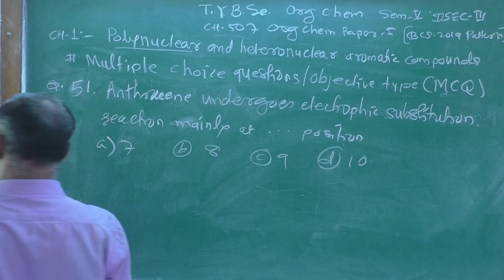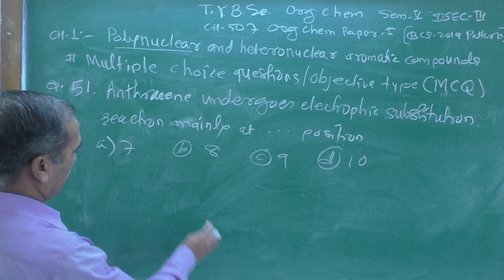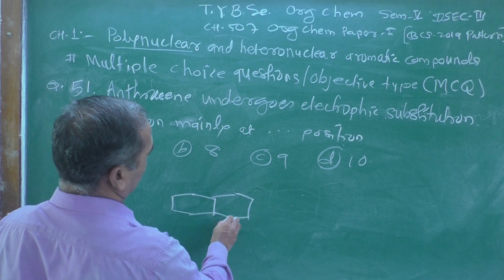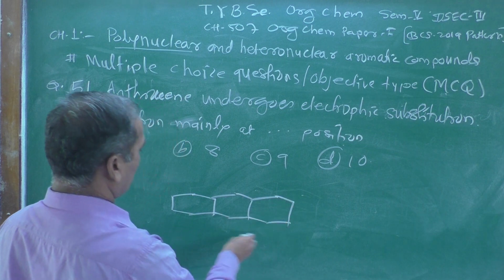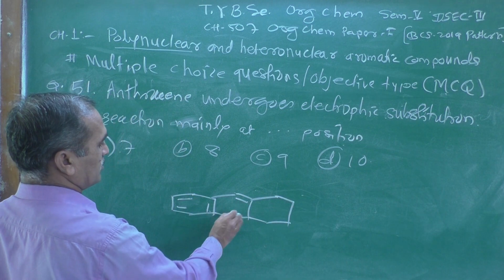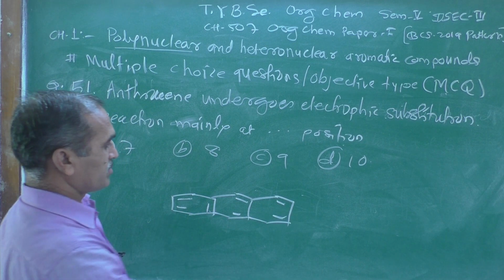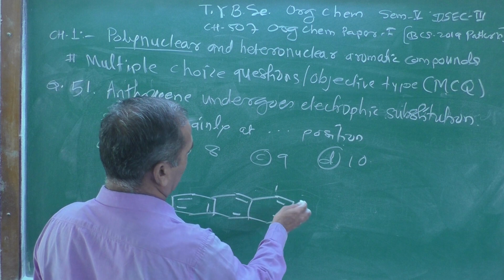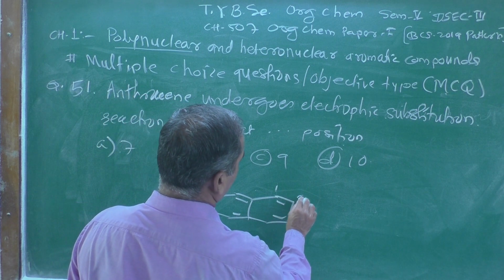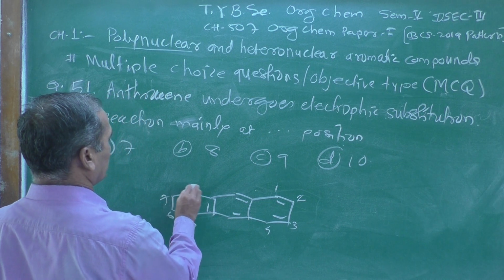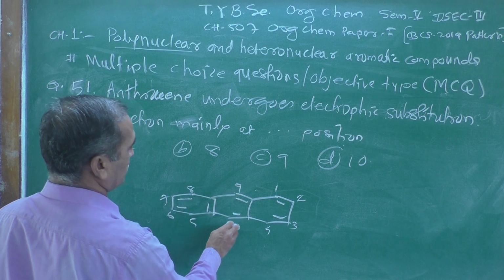What do you think? This is the structure of anthracene, and the numbering system always followed in anthracene is like this: 1, 2, 3, 4, 5, 6, 7, 8, 9 and 10.